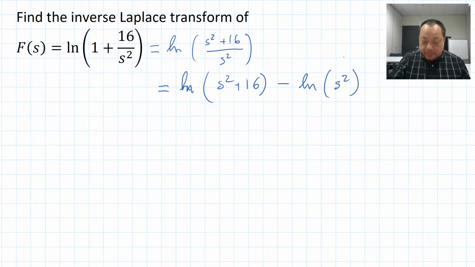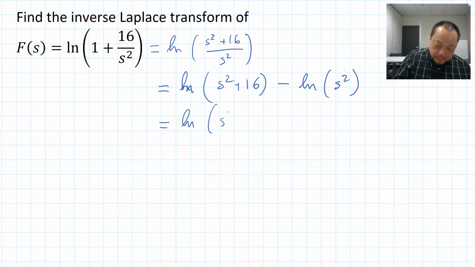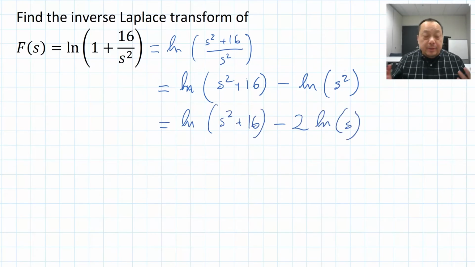And then another property of logarithm allows me to bring the exponent 2 to the front of the ln. All right, so I've simplified the logarithm as much as I can.